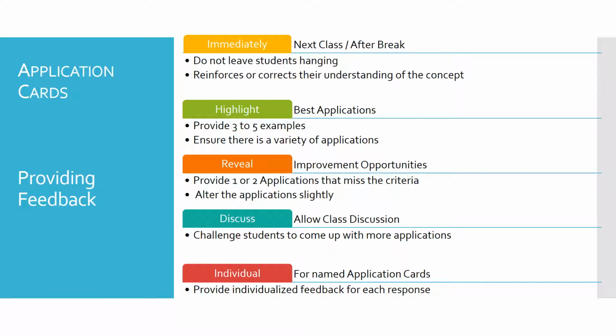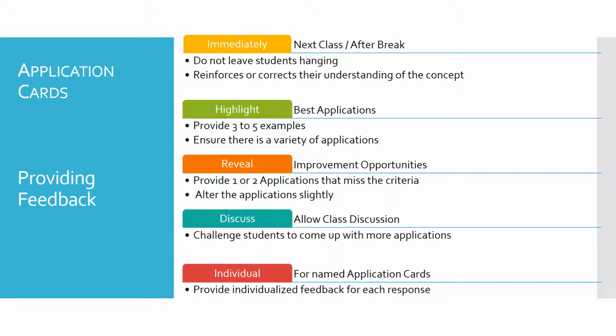How should feedback be given? Immediately. This will help to reinforce or correct student understanding of the concepts. Highlight 3 to 5 of the best ones and reveal 1 or 2 of the responses that were not quite right. Make sure there's a variety so that students can see a good range of real-world applications.